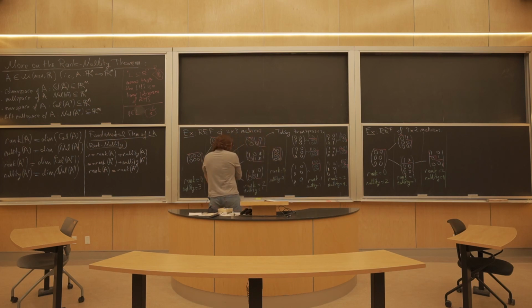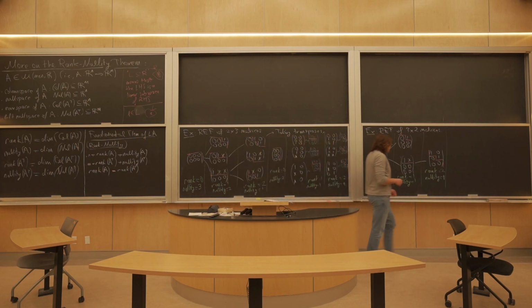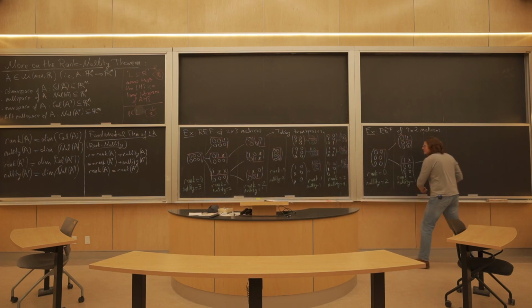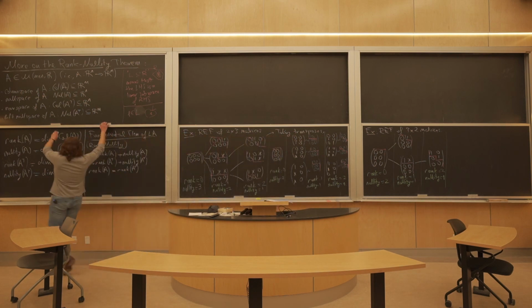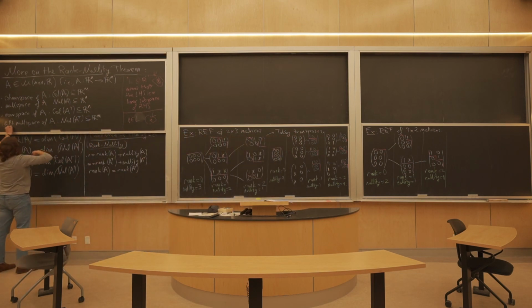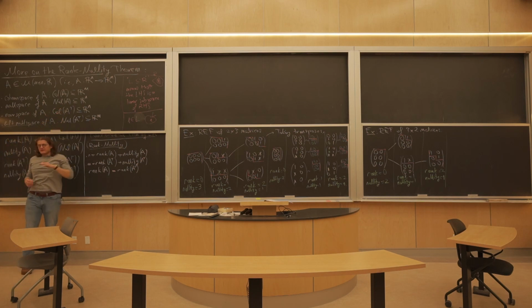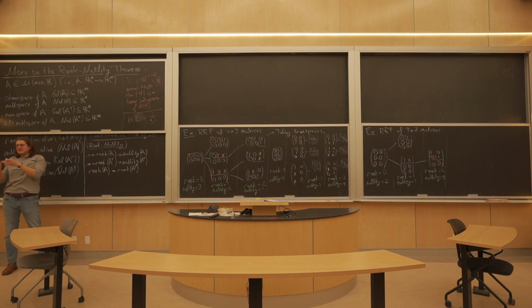Well, that's because, to find the vectors in the null space of A, you set up the equation Ax equals 0.